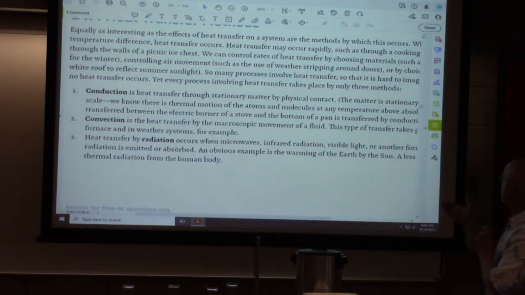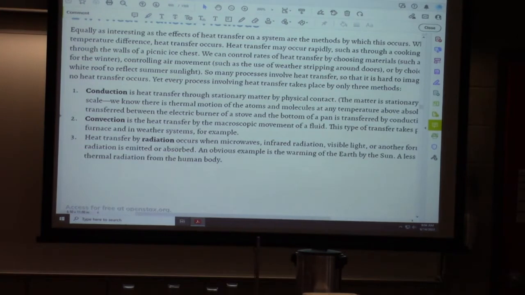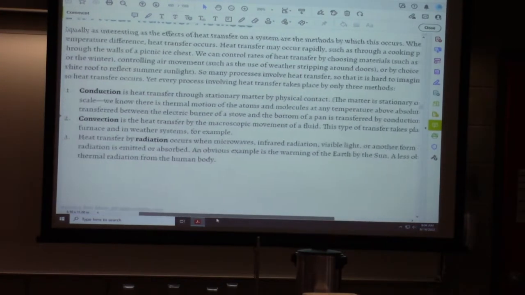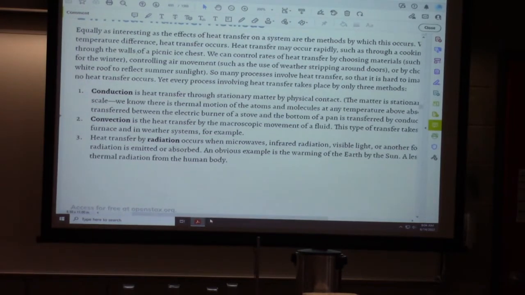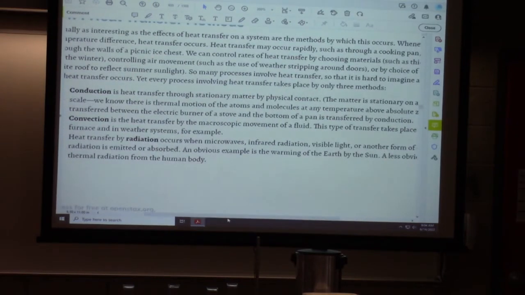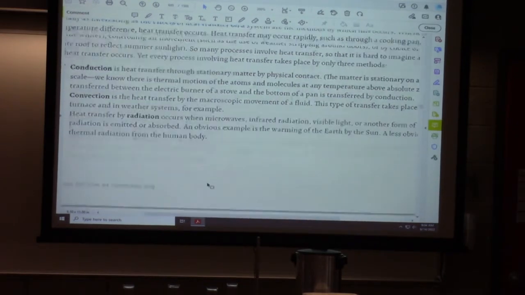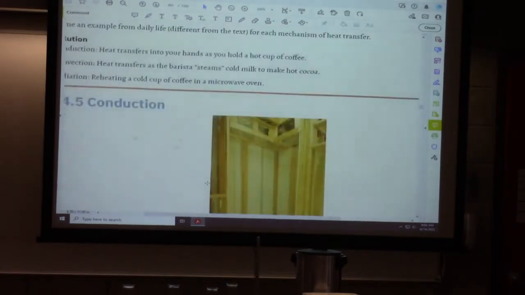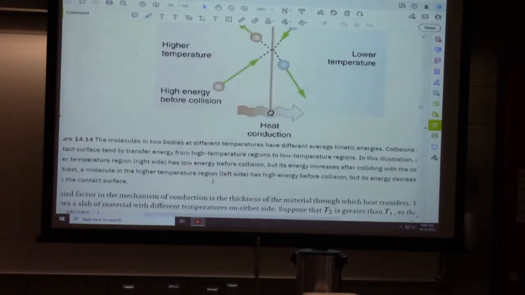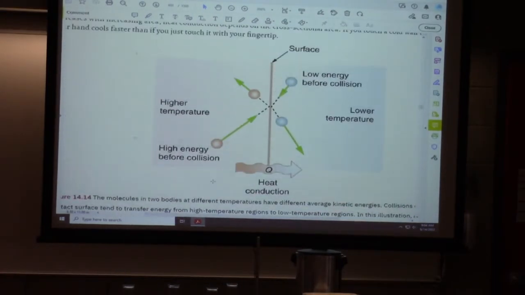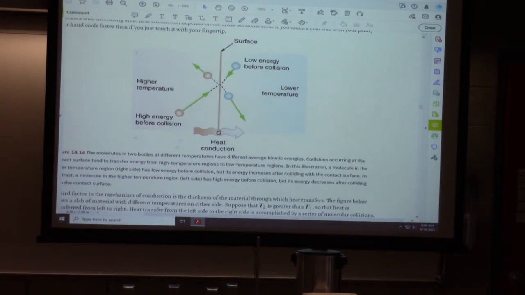By physical contact. The matter is stationary. How does he phrase it? The matter is stationary on a macroscopic scale. We know that there is thermal motion of the atoms. Oh, I guess he's just getting into the nuts and bolts. I think it might be better to come down here to a picture where he says, take a look at a hot object next to a cold object.